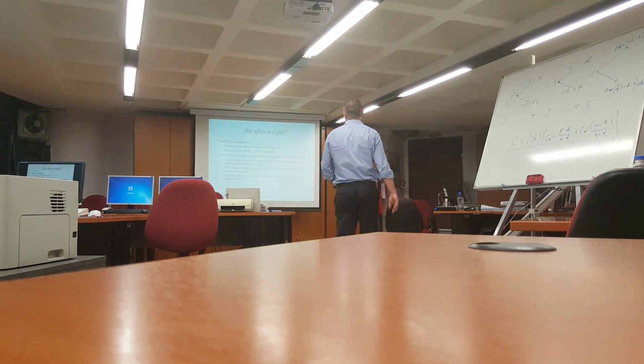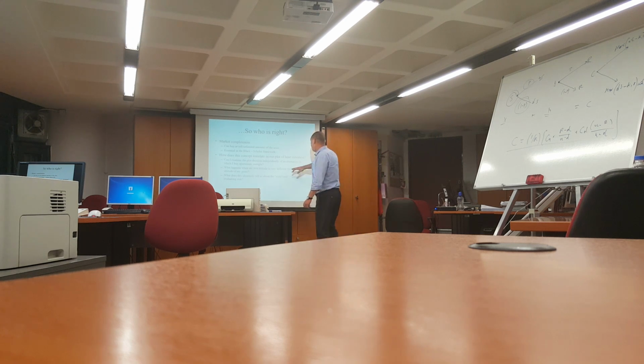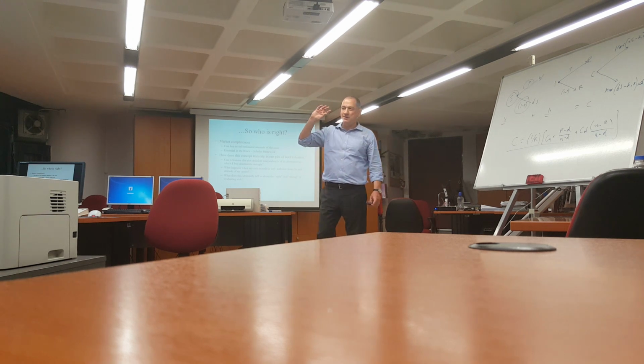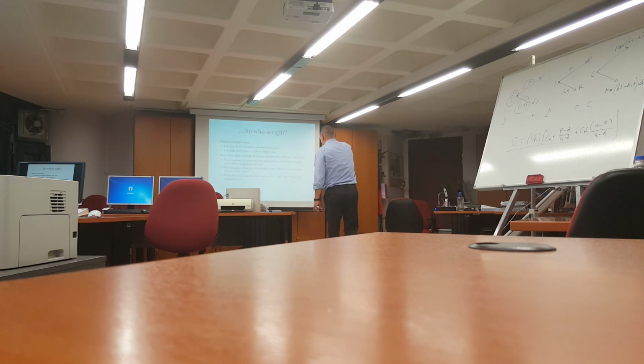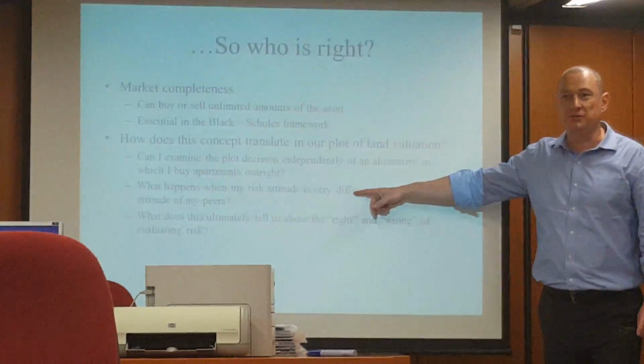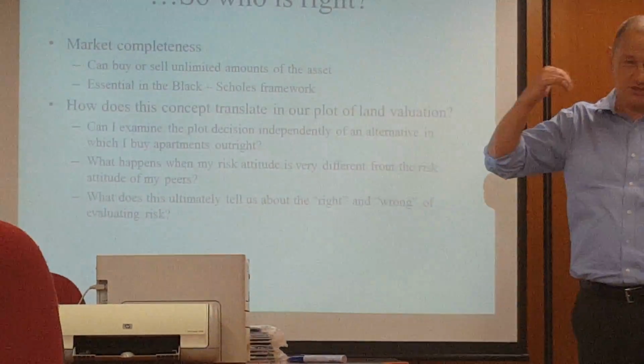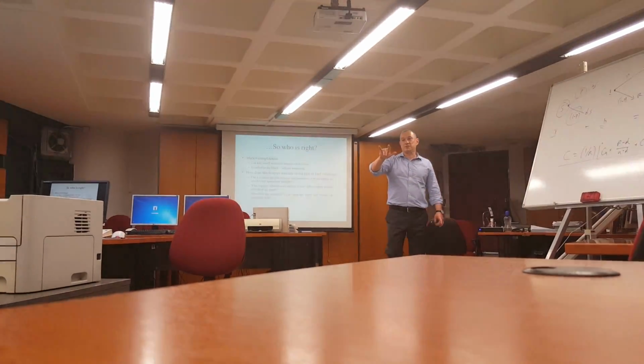What happens when my risk attitude is very different from the risk attitude of my peers? What happens if I'm risk neutral in a risk averse world? Generally, who is risk neutral in a risk averse world? Can you think of an industry? How about insurance? This is exactly the play that insurance providers make. They are risk neutral. You are risk averse.